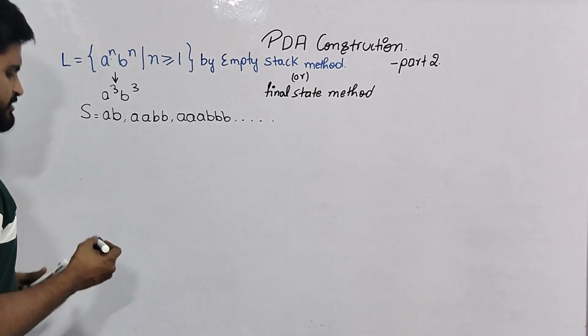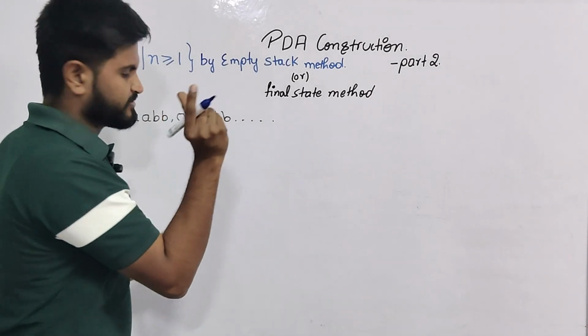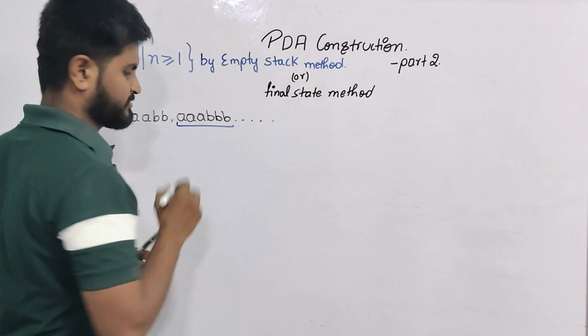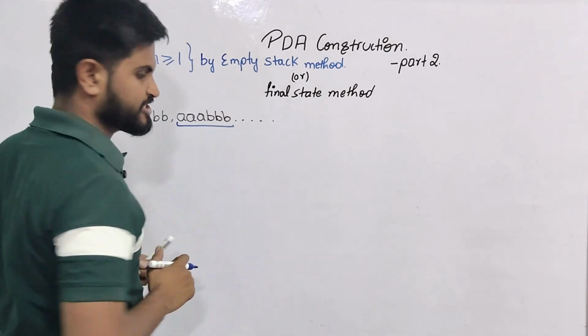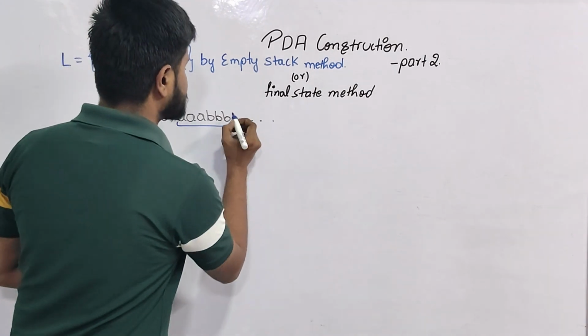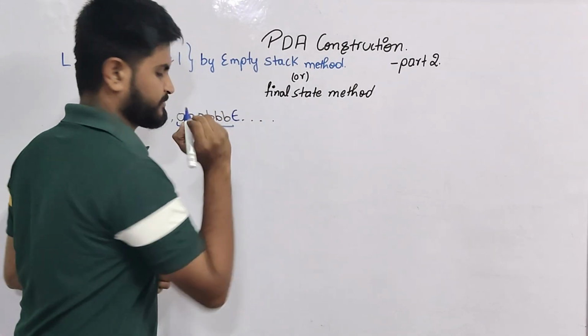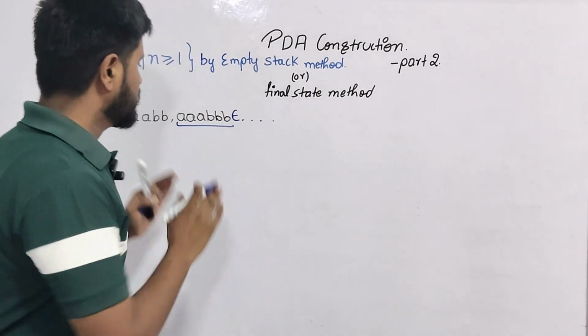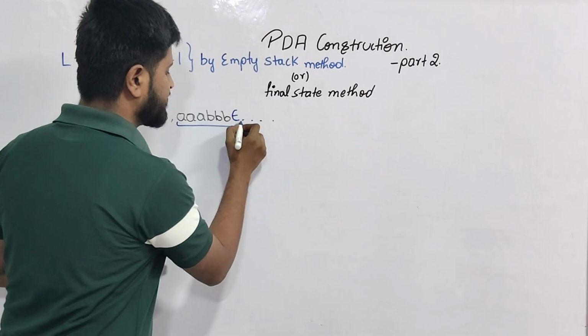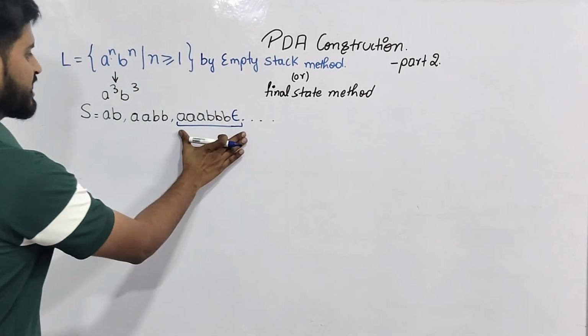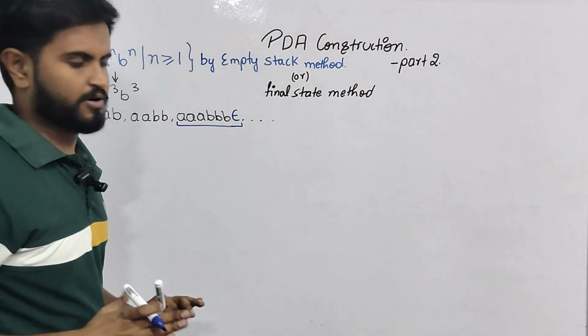Now what we must do is select a string. I will select this string. After selecting the string, you must add epsilon in front of it. Now we are about to start the problem.